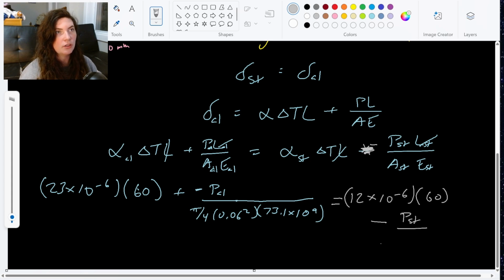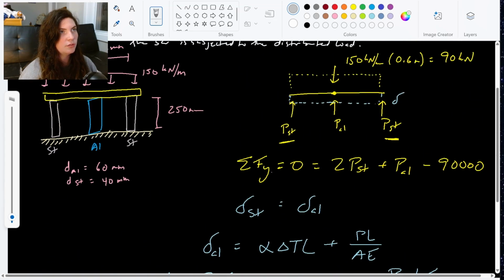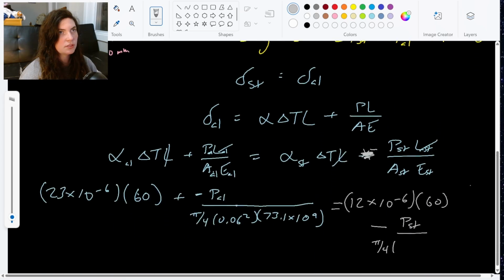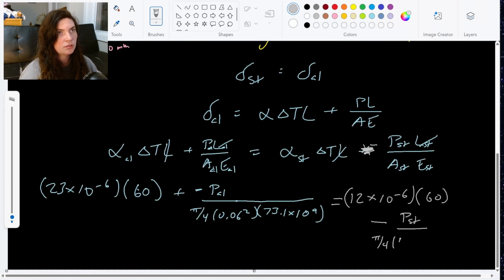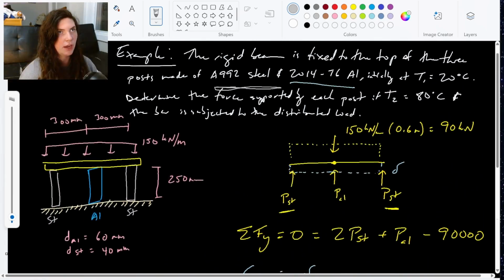Minus our load steel, pi over 4 times, what's the area of our steel beam? 40 millimeters, so 0.04 meters squared. I like to do the conversions on the fly so I can have everything in the right units.